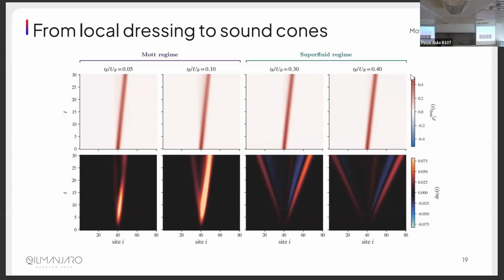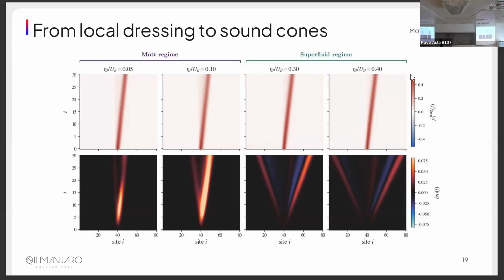In the first two columns, we have an evolution of the spin part with the bosonic part in the Mott regime. So we don't have any hydrodynamical propagation.